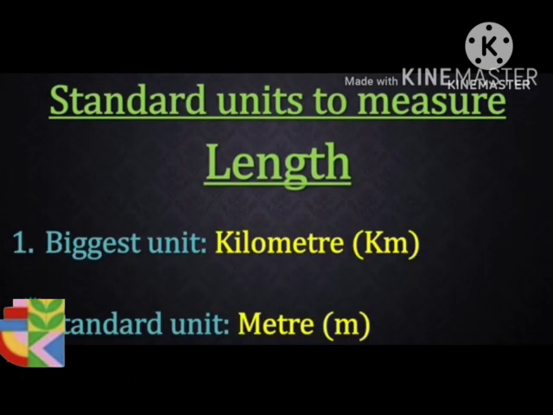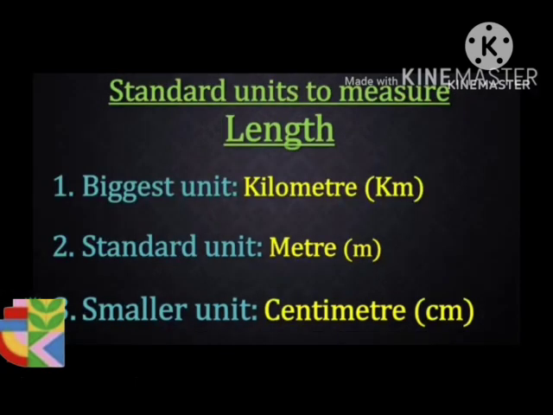Now, the standard unit is meter. That means it cannot be measured with the hand span, with cubit or paces, and it is not that lengthy that you cannot see its end, like a piece of cloth, sari. So, meter is the standard unit of length. Third one is the smaller unit of length. It is not the smallest one, but it is the most commonly used unit of length.